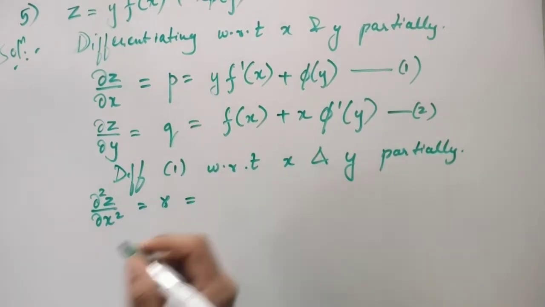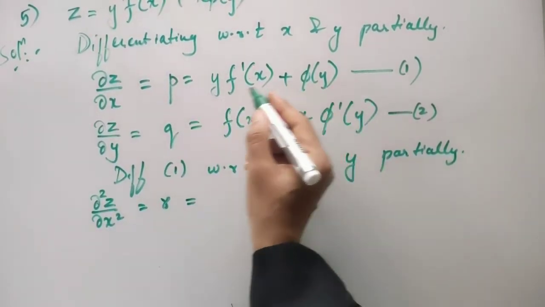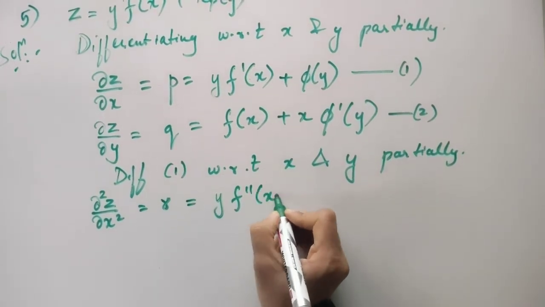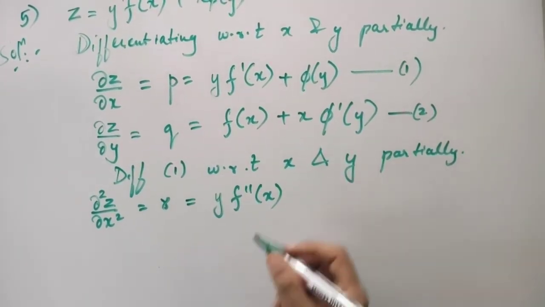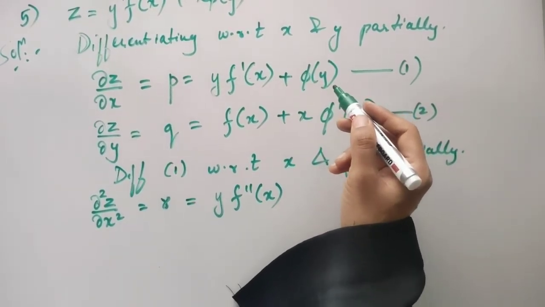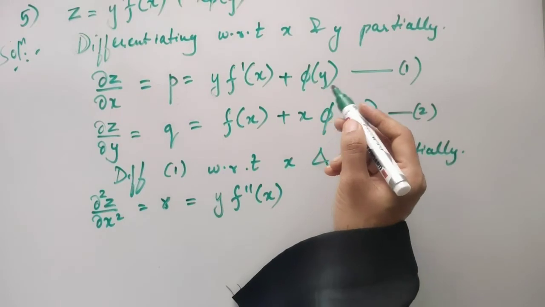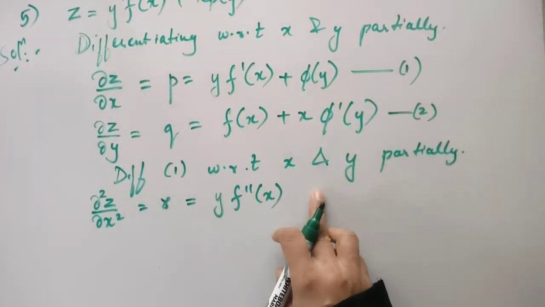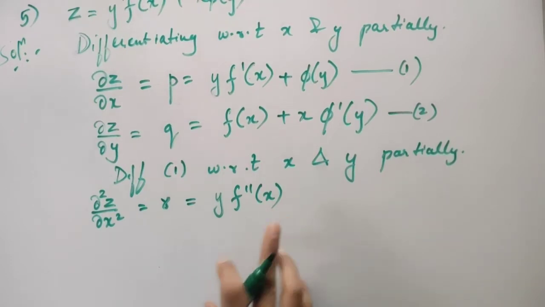That is equal to derivative of this with respect to x again, so it will be y f''(x). The other part, since it is independent of x, is 0, so you don't have to write it, because it is understood. Derivative of φ(y) with respect to x will be 0. So I'll write it like this up till here.